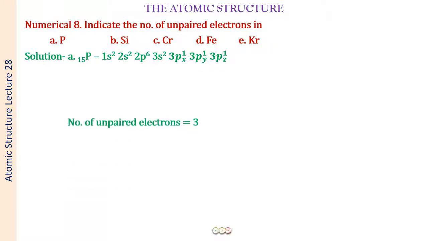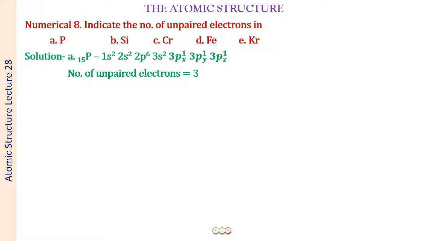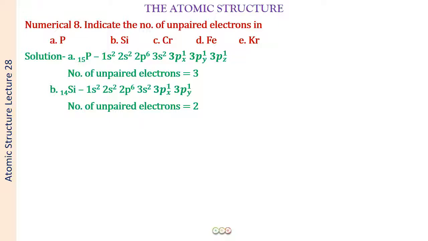So you can see that there are 3 unpaired electrons in phosphorus. Then similarly we have silicon, atomic number 14. Write the electronic configuration and you see that there are 2 unpaired electrons in silicon.